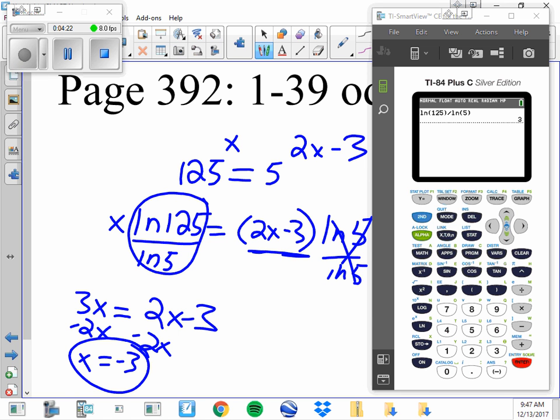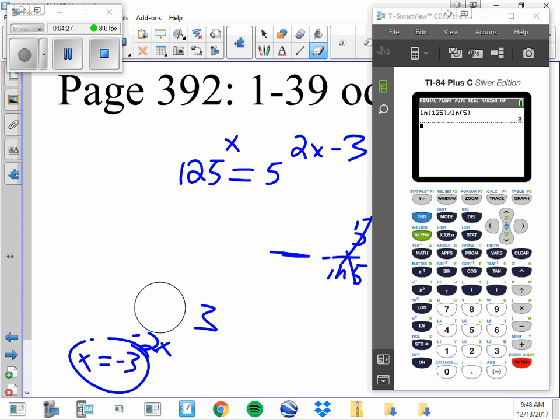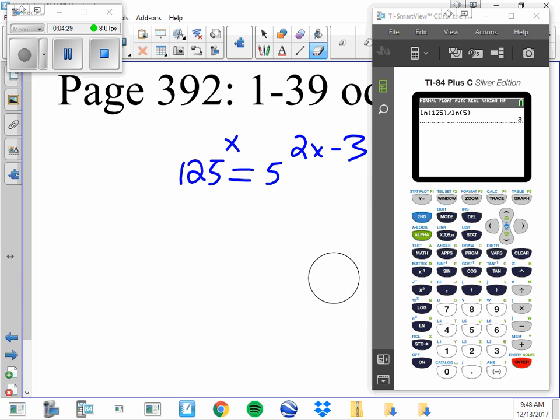Okay, let me show you a different way to do this that makes it a little bit easier. 125 and 5. 125 is 5 to the third. So I'm going to choose log base 5. Not because 5 goes into 125, but 5 to the first is 5, and 5 to the third is 125.